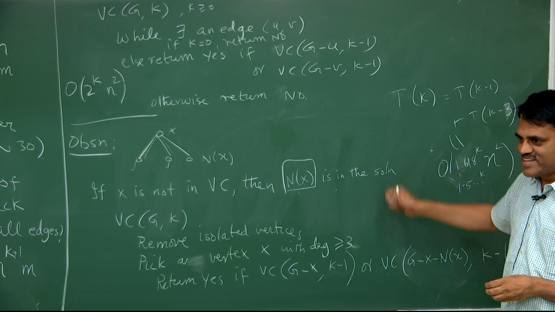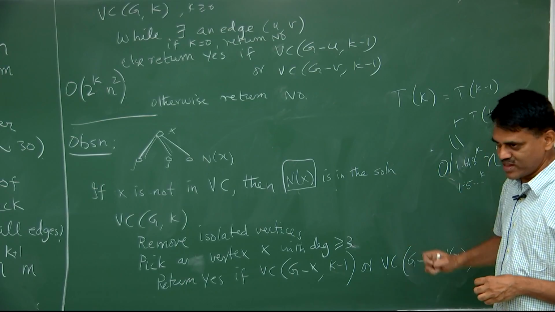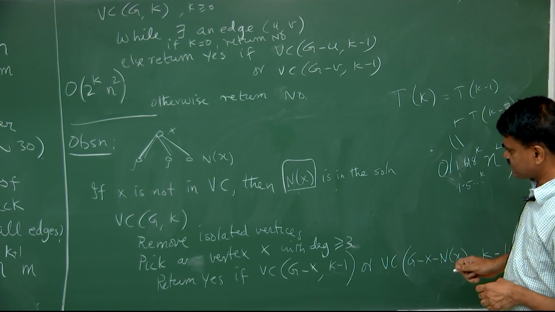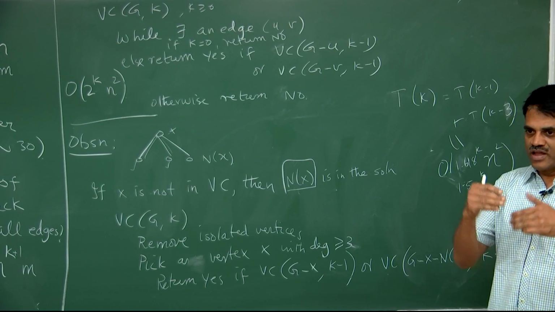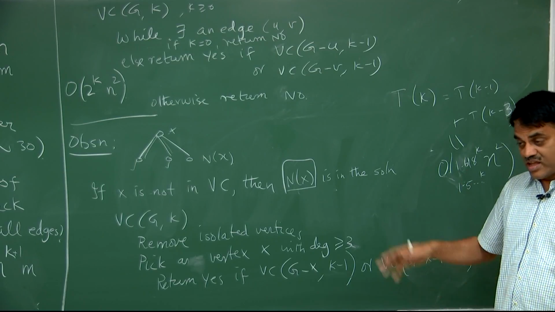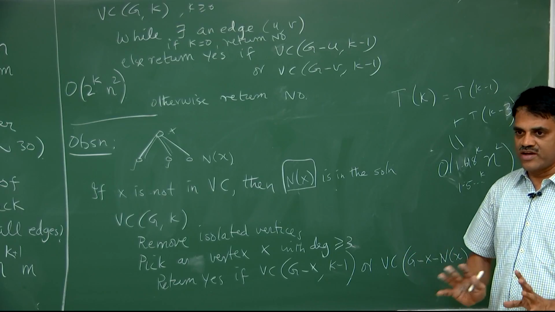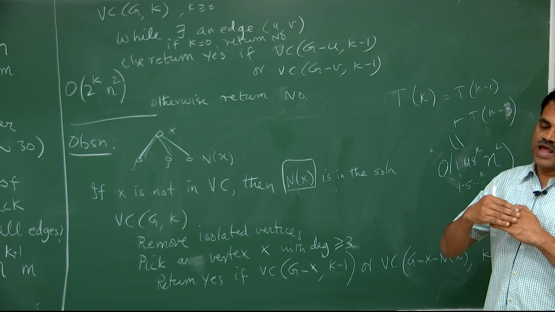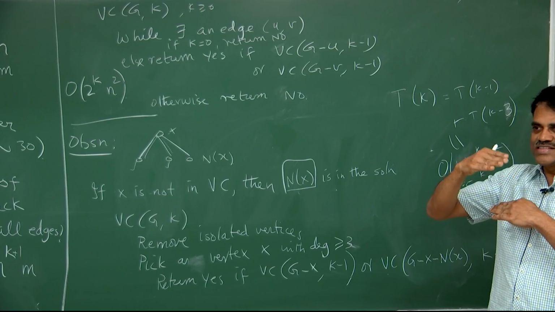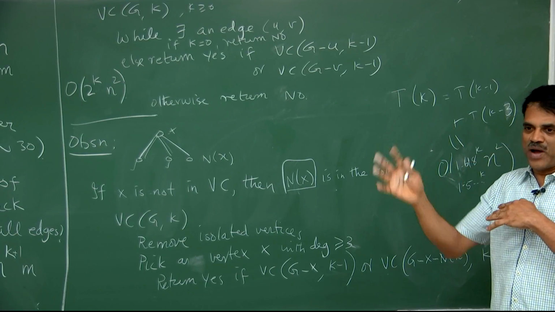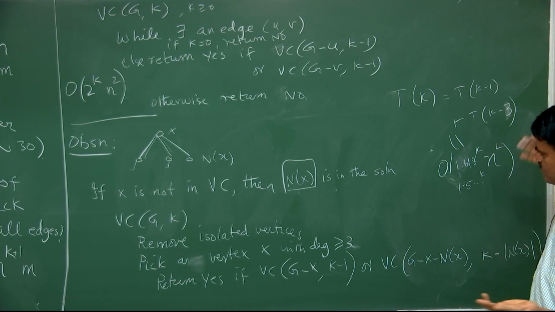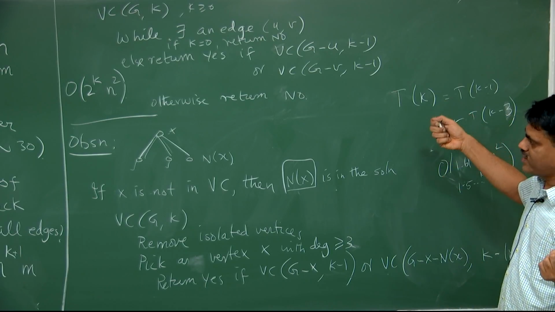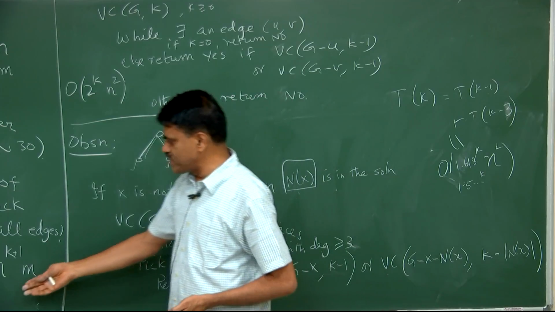So this approach doesn't get you anything beyond that, because vertex cover is NP complete on cubic graphs, graphs whose degree is less than or equal to 3. If your degree is less than or equal to 2, then it's paths and cycles, and you can solve it in polynomial time.